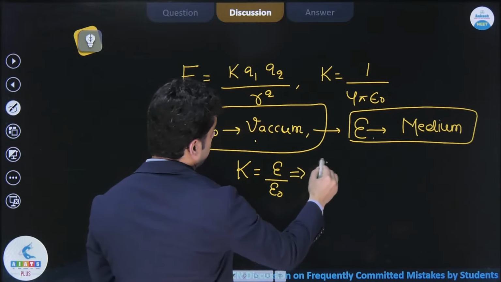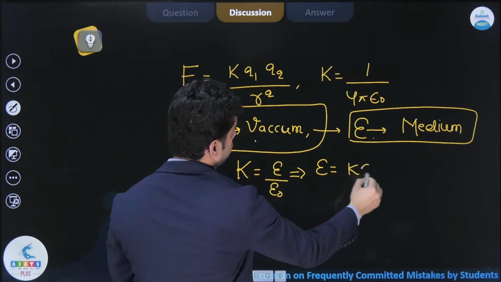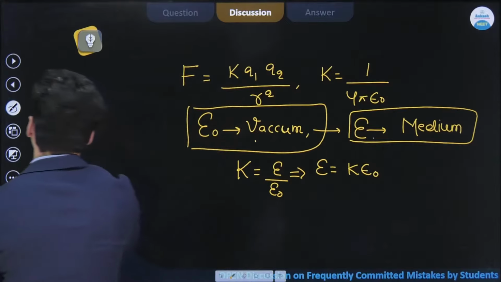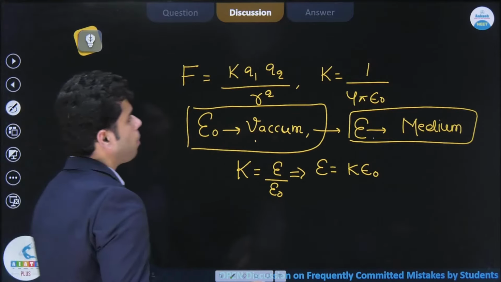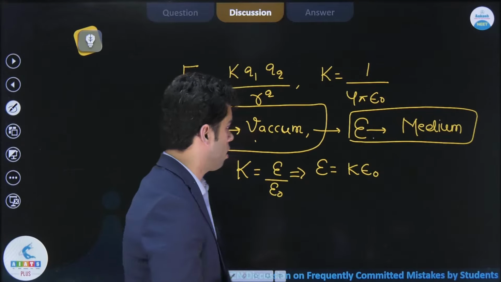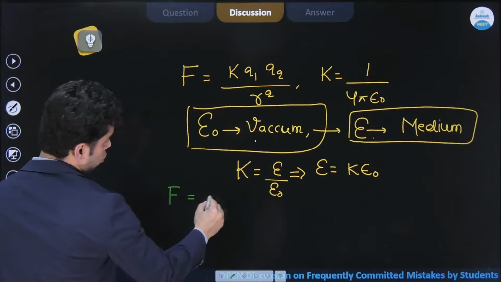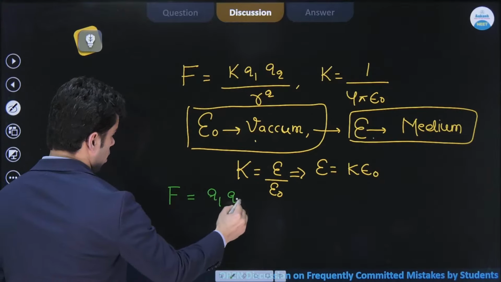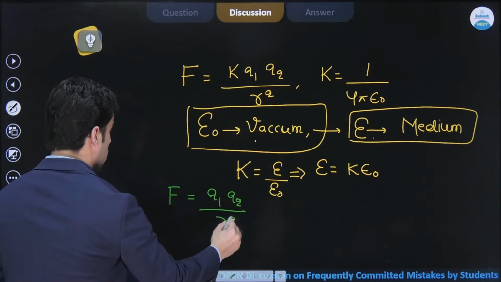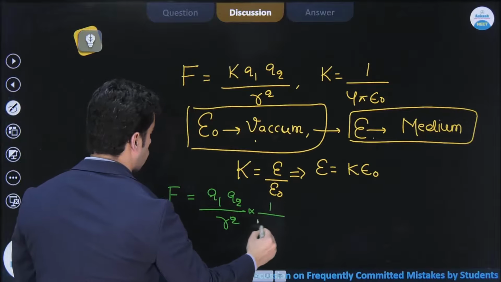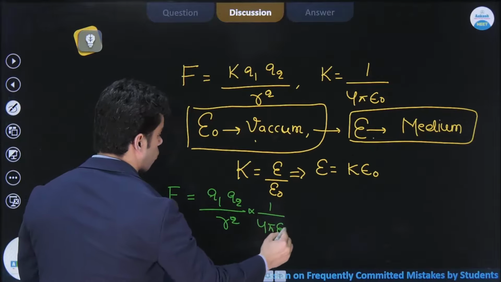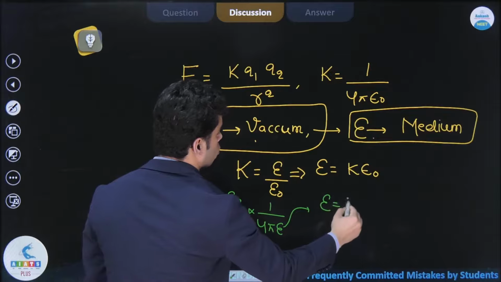So epsilon can be written as K times epsilon naught. So in case the net force in a medium is asked, in that case you can write that F will be equal to Q1 Q2 by r square into 1 over 4 pi epsilon, where epsilon is K times epsilon naught.